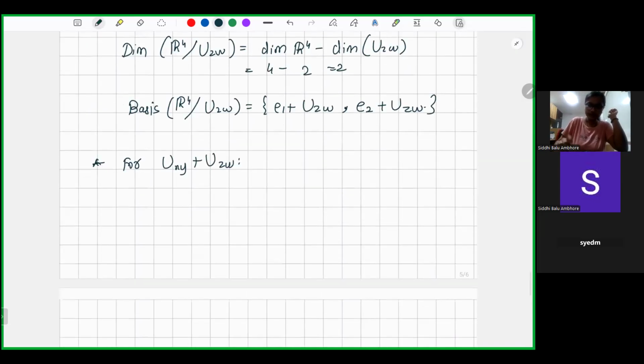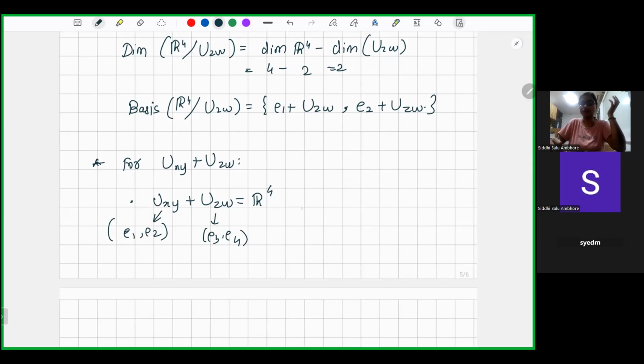So note that UXY plus UZW is the whole R4, because this is generated by E1, E2, and this is generated by E3, E4. So collectively they form a basis for R4. So UXY plus UZW is R4, and the dimension of UXY plus UZW is 4.